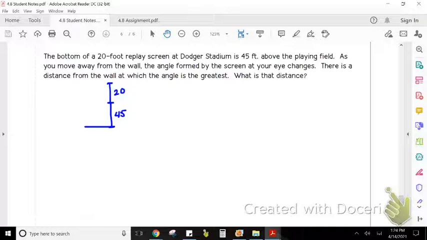Because at the wall, we're having to look straight up and we're not really seeing a whole lot. So there's some place out here that when we look up at that screen, the angle is going to be the greatest, okay? It's going to be the best for us. I need to know what is that distance.